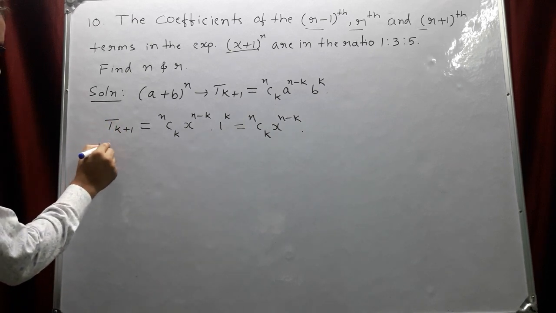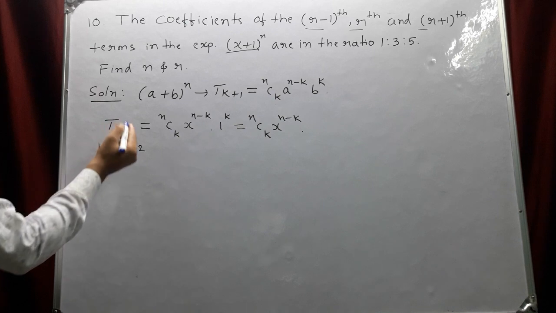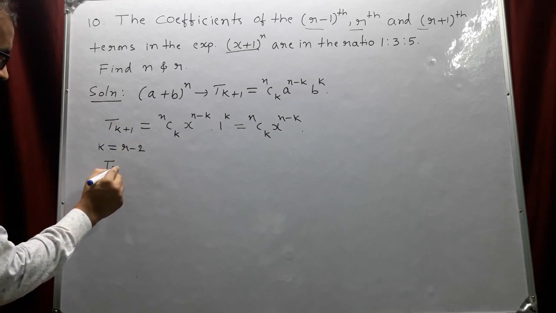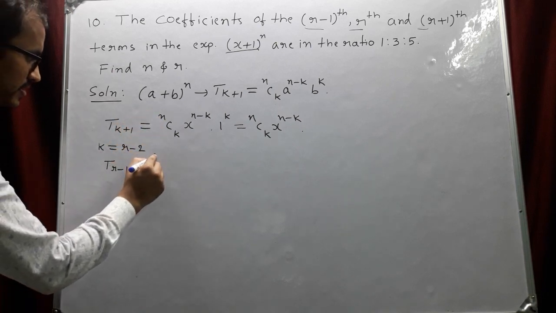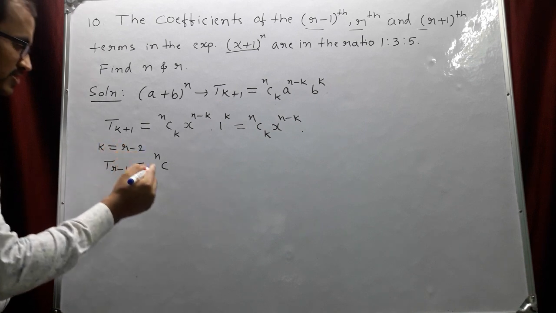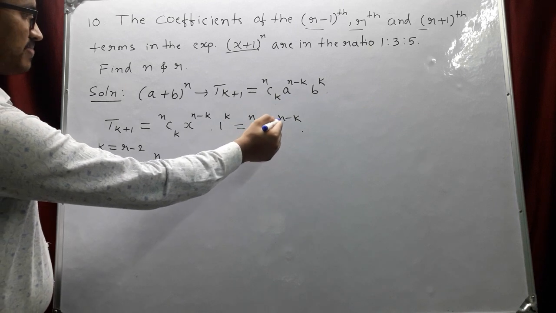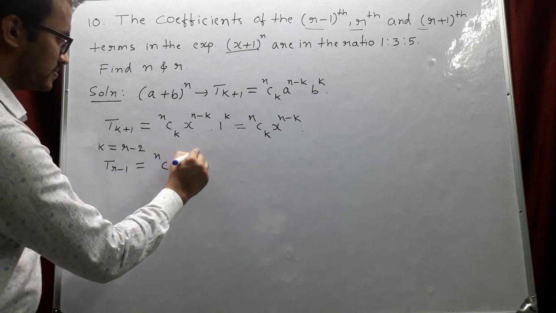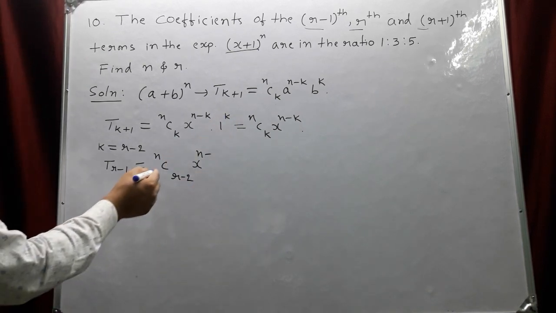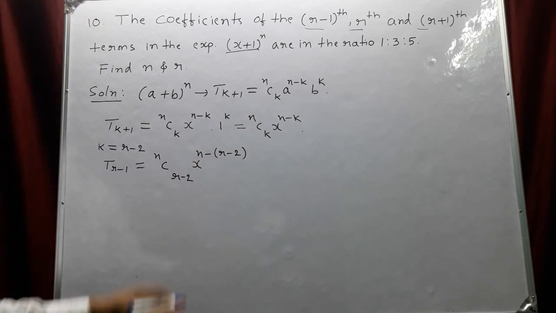So give k is equal to r−2, so we get T(r−2+1), so T(r−1) is equal to nC(r−2) into x power (n−k), where k means r−2. So this is the (r−1)th term.